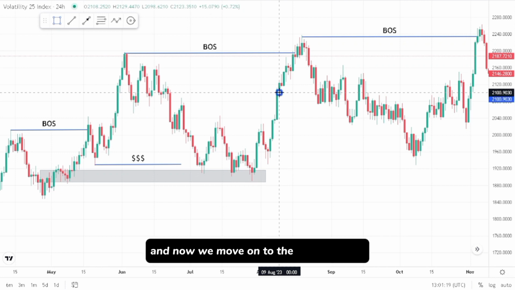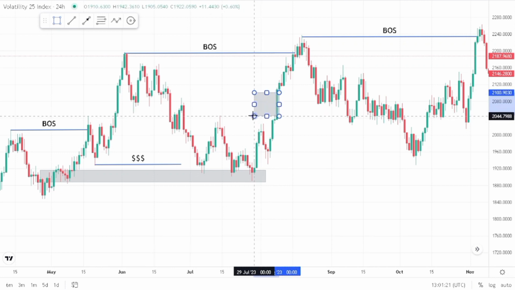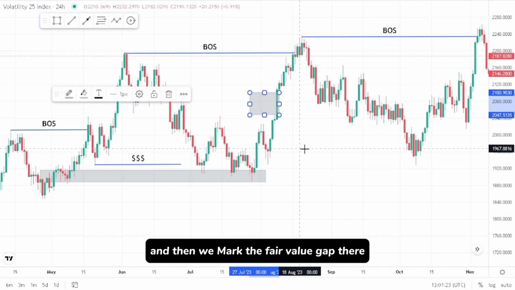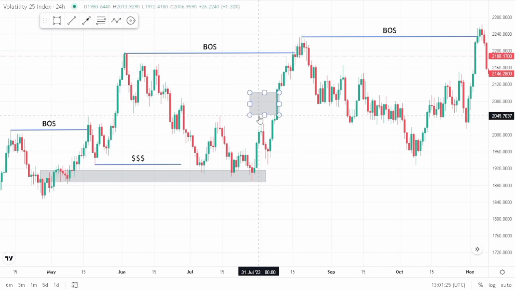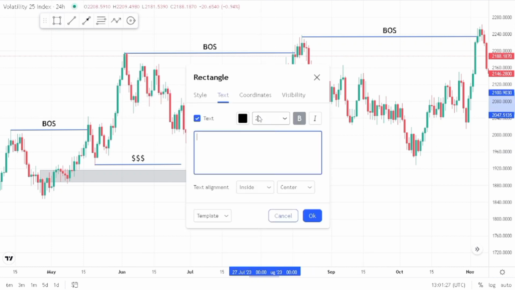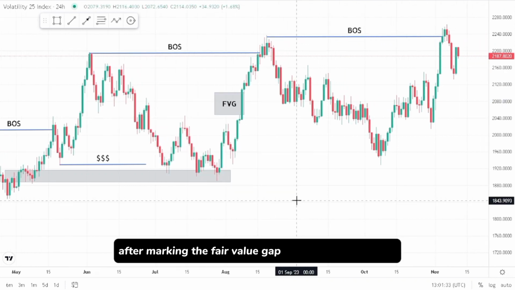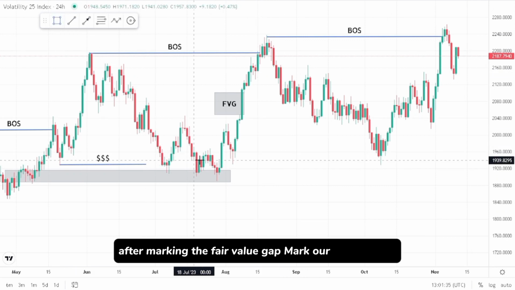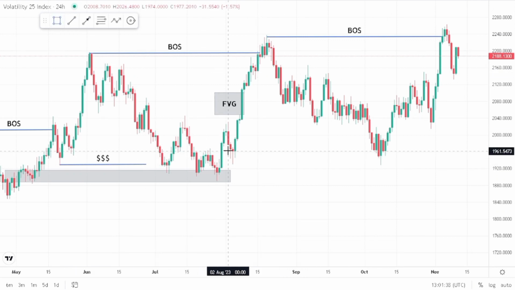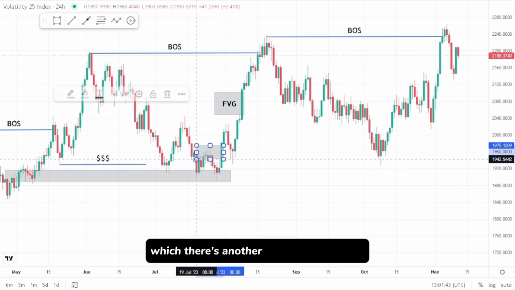And now we move on to the next example, and then we mark the fair value gap there. After marking the fair value gap, we mark our order blocks, of which there's another fair value gap there.